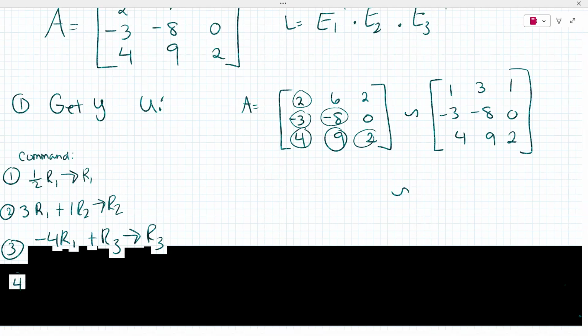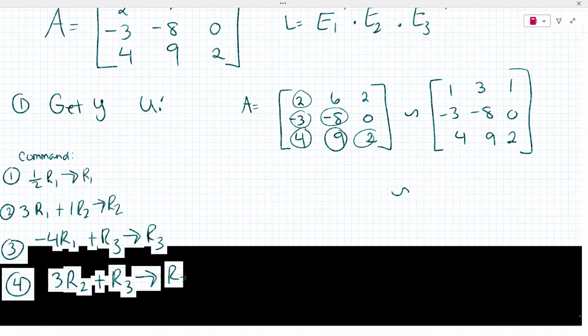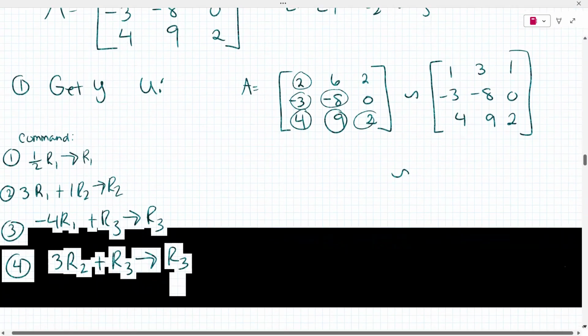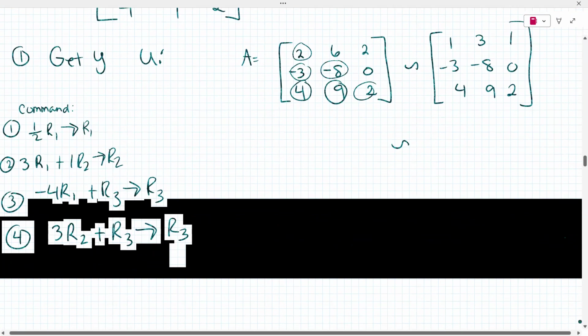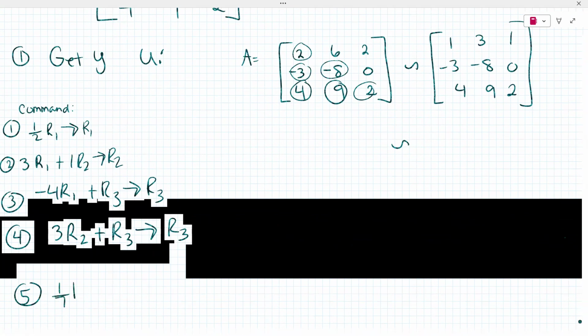Command 4, 3 times row 2 plus row 3 gives us row 3. Command 5, 1/7 row 3 gives us row 3.